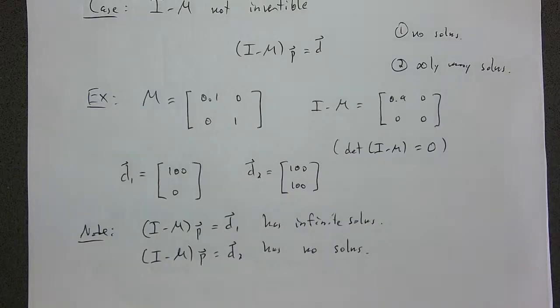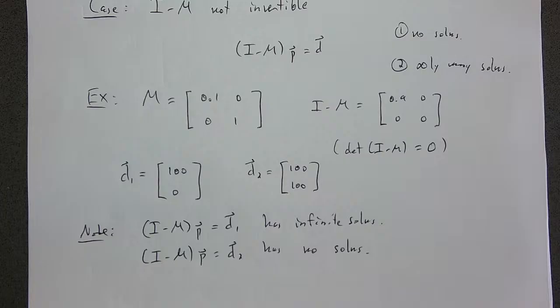You can try to solve, say, this one to see what happens. Or even if you didn't really understand how solving a matrix equation works, if you understood the economic model side of things, you could also see why this one doesn't have a solution.